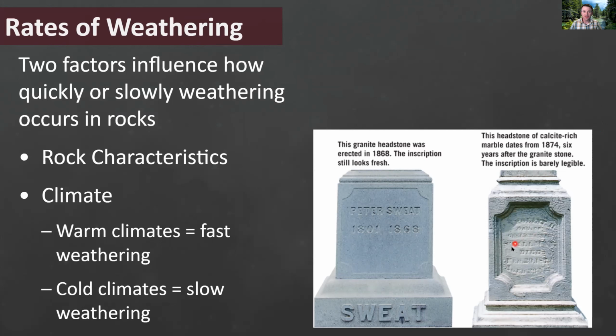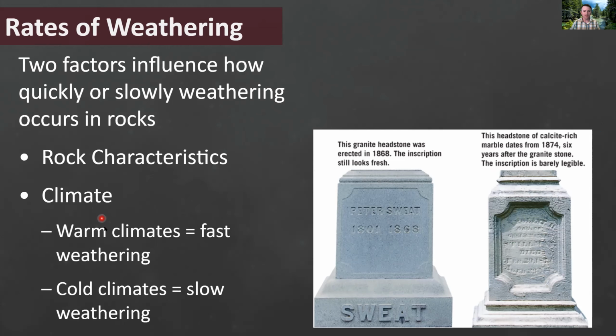The carbonate rocks are susceptible to chemical weathering, so it dissolves and goes away. So if you're planning a headstone for yourself in the future, you always want one out of granite and not marble, because marble will basically be washed away in 100 years and you won't be able to read anything on it. But so the stronger the rock, the harder it is for it to break down.